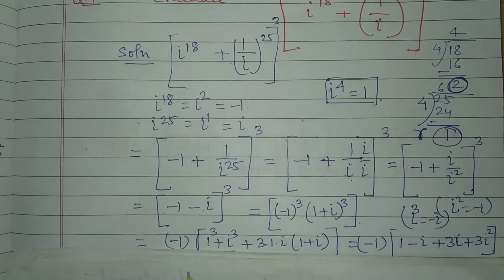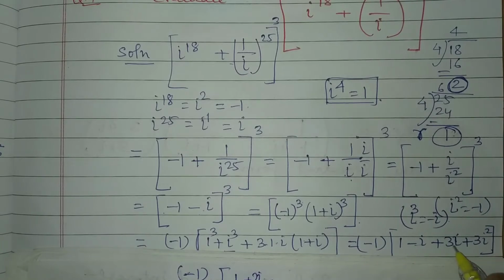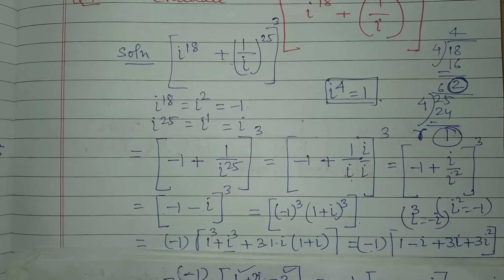So see, minus 1, so 1 minus i plus 2i, this is minus i plus 3i, so it is plus 2i, and this is minus 3, and then minus 1, after that I am doing this, so minus 1 and then minus 2, this is minus 2 plus 2i multiply by minus 1, you will get 2 minus 2i.